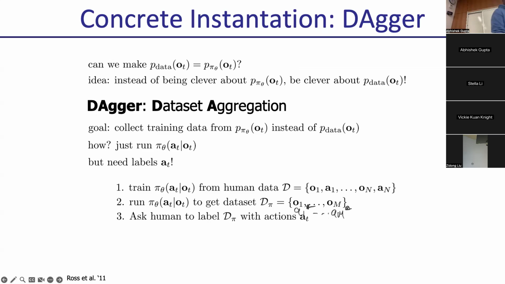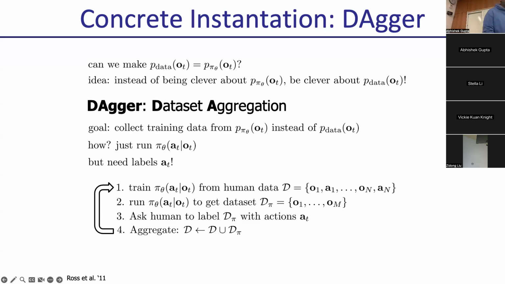You then take this data set, aggregate it with your previous training data set, and repeat. It's called Dagger, data set aggregation, because you're literally just aggregating your data set. You take your data, train a policy, run your policy in the environment, use the human to label optimal actions, take that data set with optimal actions for the states that the policy visited, add it back into your data set, and repeat.